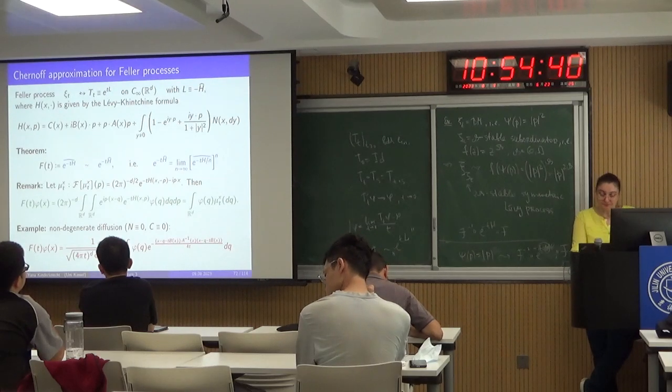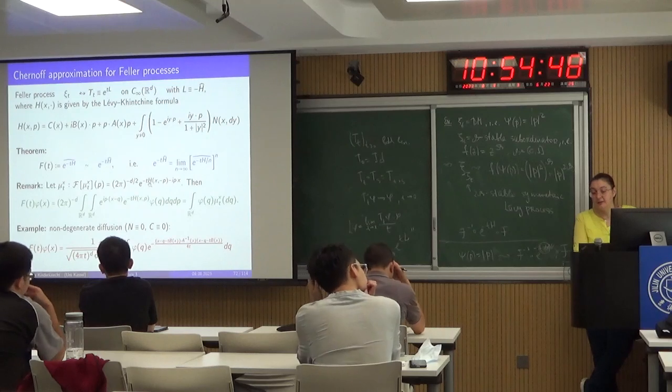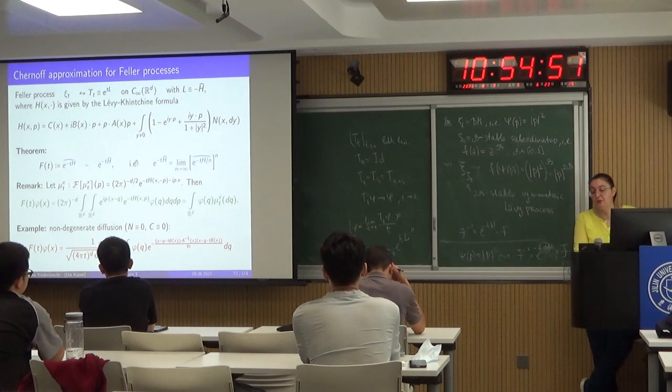Okay, in this case, if I calculate this Fourier transform, H is a nice function, a polynomial. So the Fourier transform is very well calculable. So I know this mu x, and it looks like this. The Gaussian exponent, with this normalization.